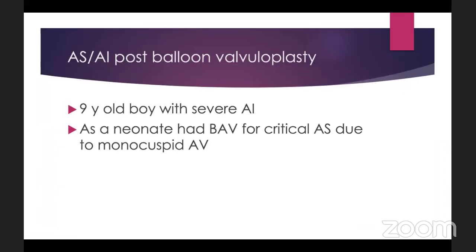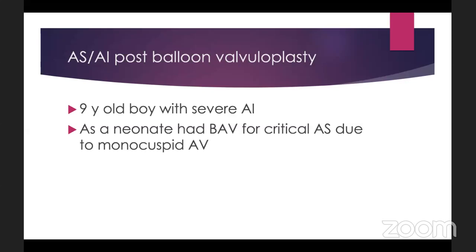Yes, clear. Okay. This is an example of a patient who underwent a catheter balloon valvuloplasty as a neonate, and it served him well for 9 years, and now presented mainly with an aortic insufficiency problem with moderate aortic stenosis.